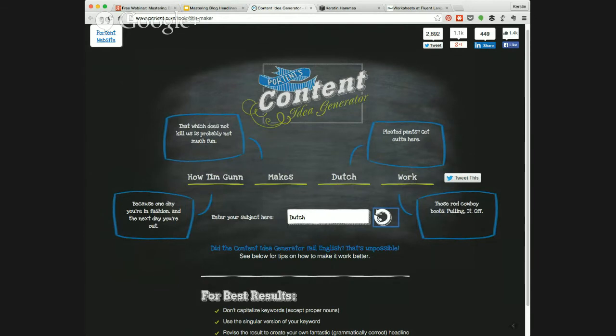So Tim Gunn in fashion, or insert any other celebrity, how somebody makes something work gives you interesting, again, it gives you useful, it gives you very specific, because whoever person you put in there that is the celebrity perhaps in your niche or is a generic celebrity will make it more specific to your audience.